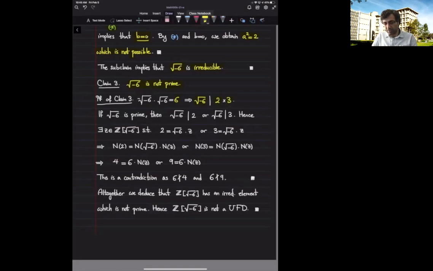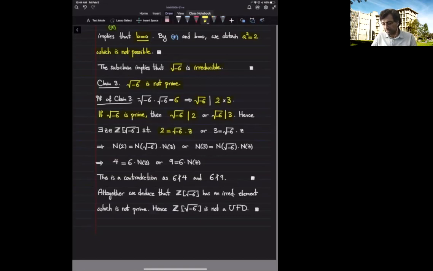Now, if it was a prime, we could deduce that it should divide either 2 or 3. Now, there are many ways of finishing this proof. One way is, again, writing what it means to divide 2 or 3. To divide 2 means 2 is a multiple of this number.